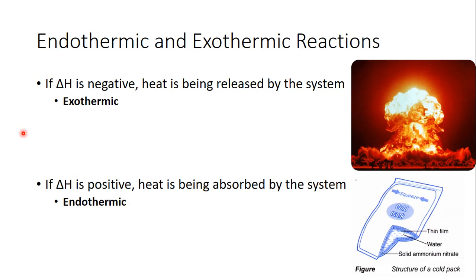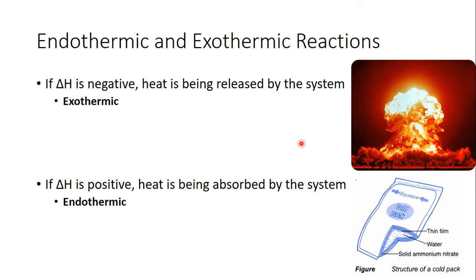So if we have a reaction in which delta H is negative, heat is released by the system and it's exothermic. Heat is leaving us. So, for example, when we blow up a bomb, you can see this cloud of fire, we're releasing a lot of heat. However, if delta H is positive, then heat is being absorbed by the system.